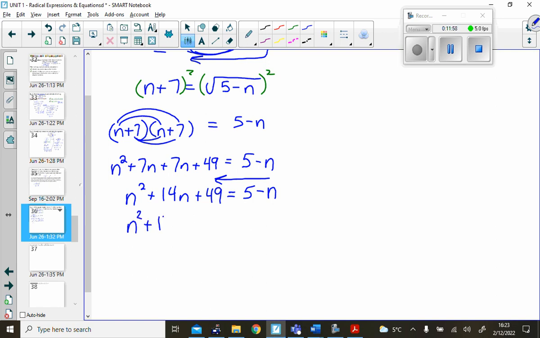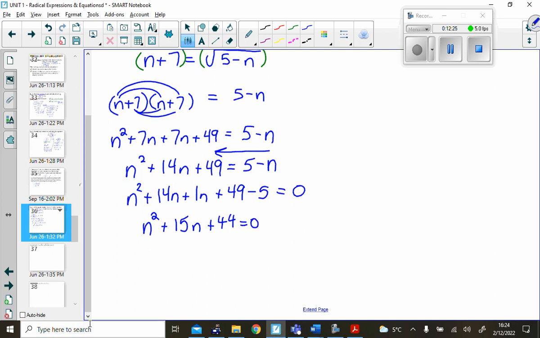N squared plus 14n plus 1n plus 49 minus 5 equals 0. Took the 5 to the other side, made it negative. Took the n to the other side, made it positive. So I have n squared plus 15n plus 44 equals 0.